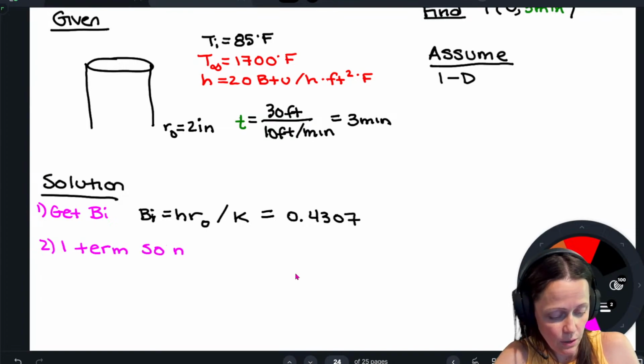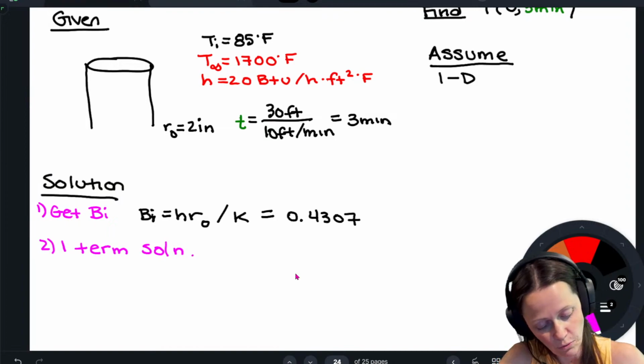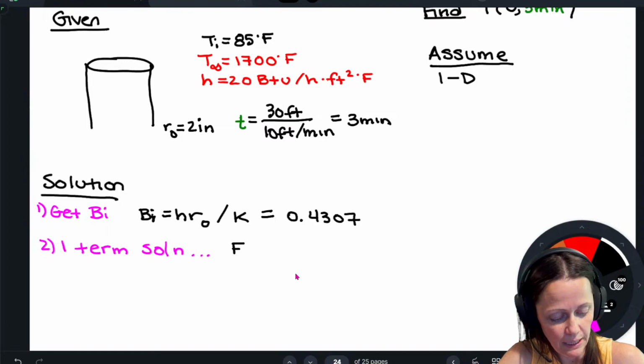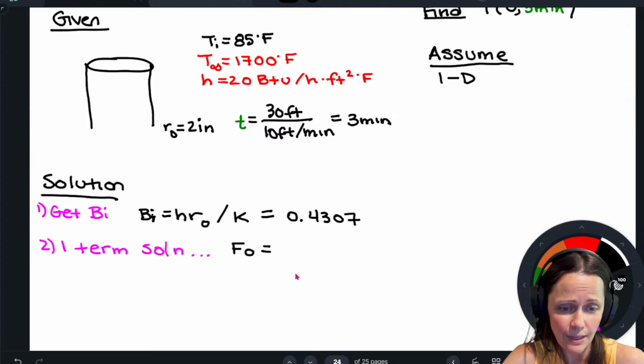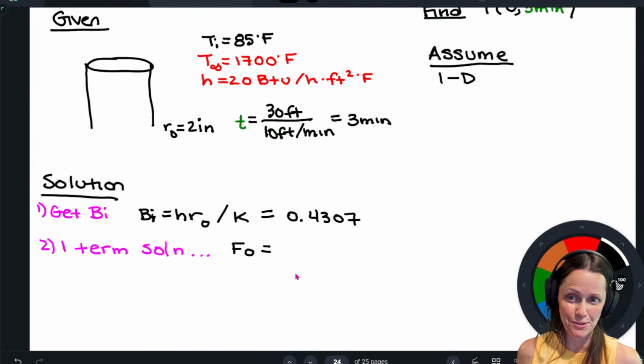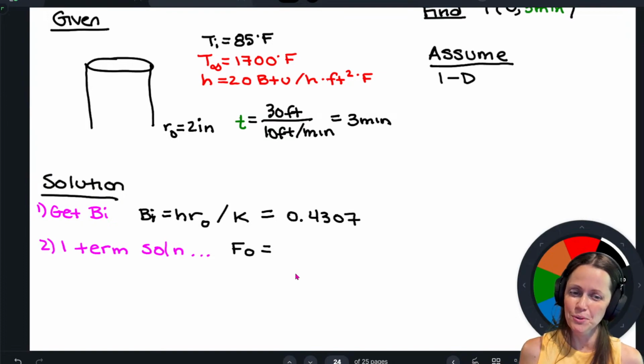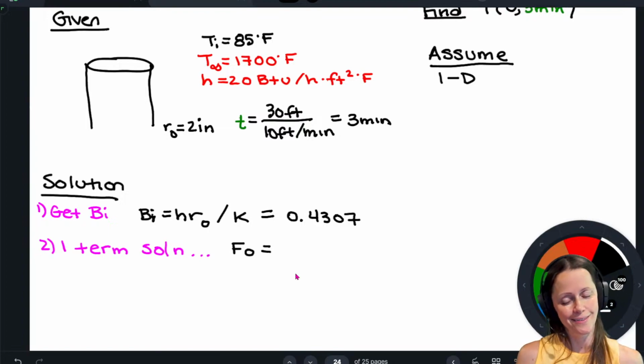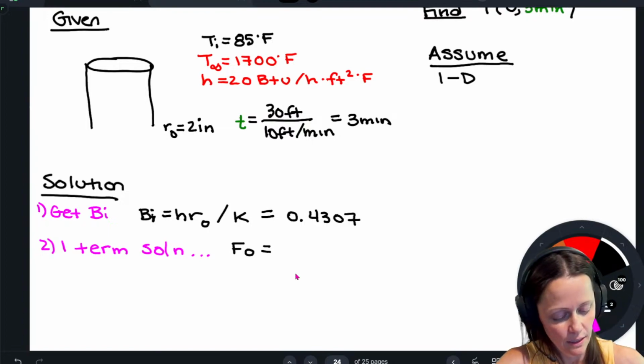And we could, if we wanted to, check to see what the Fourier number is. It's a good idea, but I will tell you, even if it's kind of close to that 0.2 on the test in this class, go ahead and say that one term is going to be fine.